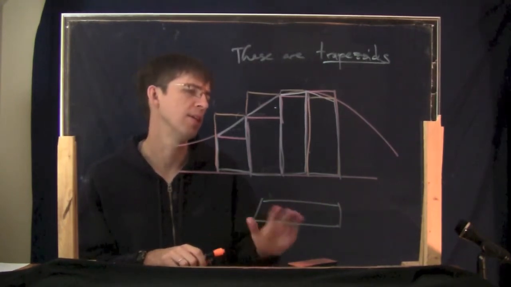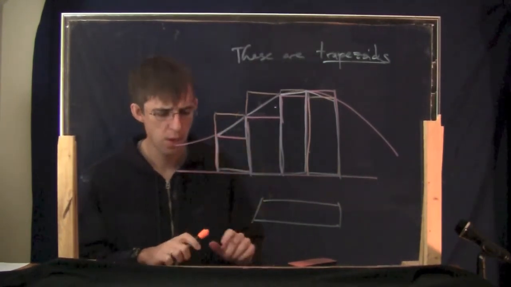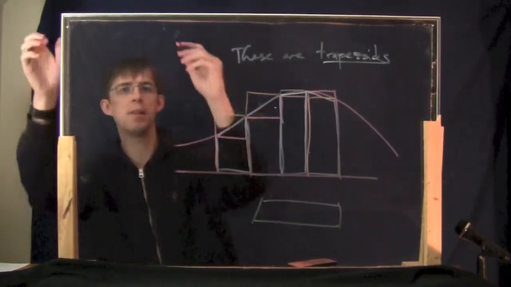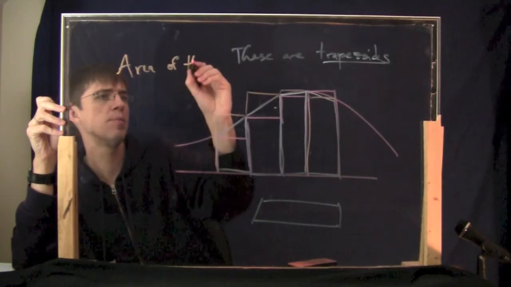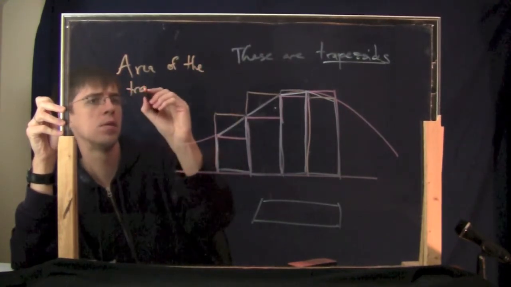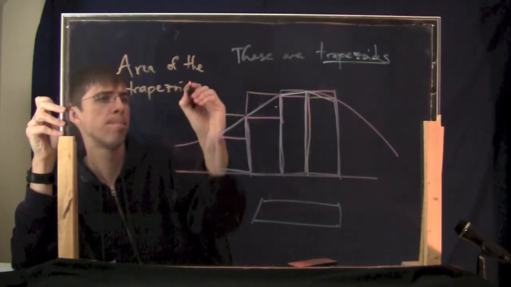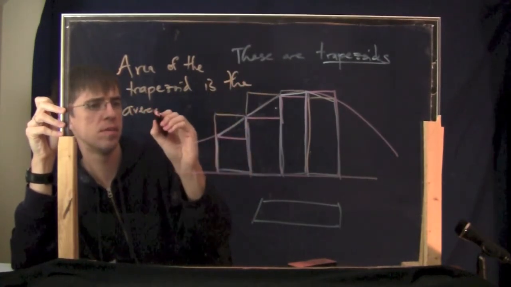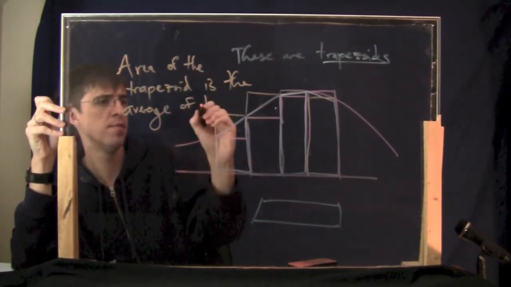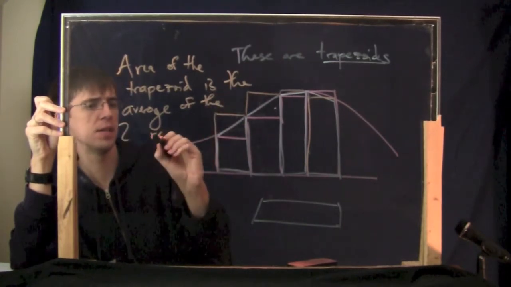I don't really want to get into that, because you can see pretty clearly what's going on here. Let me just write this obvious fact: the area of the trapezoid is the average of the 2 rectangles.